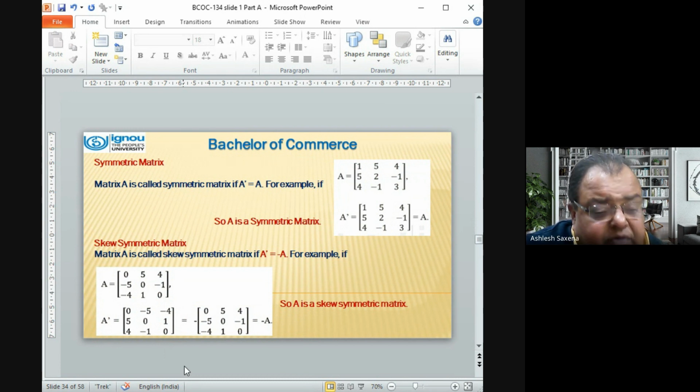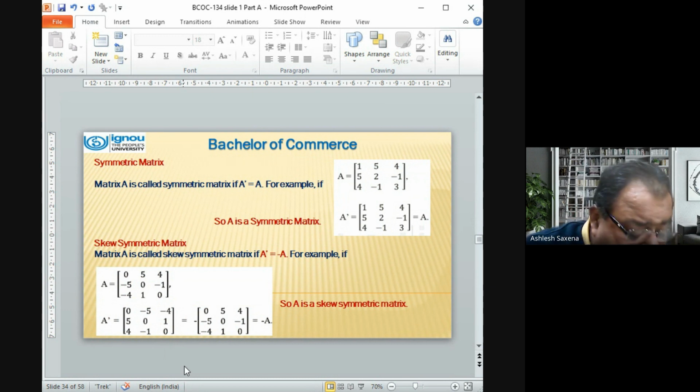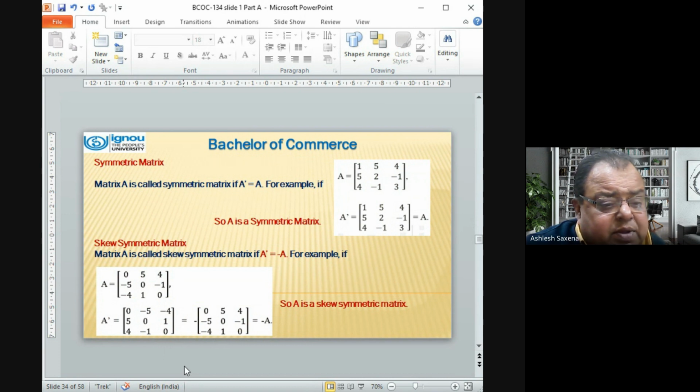Now, how to identify a skew symmetric matrix? A matrix is skew symmetric only if A transpose is equal to minus A. For example, you have this matrix. As you can see, the diagonal elements are 0. What will you do?